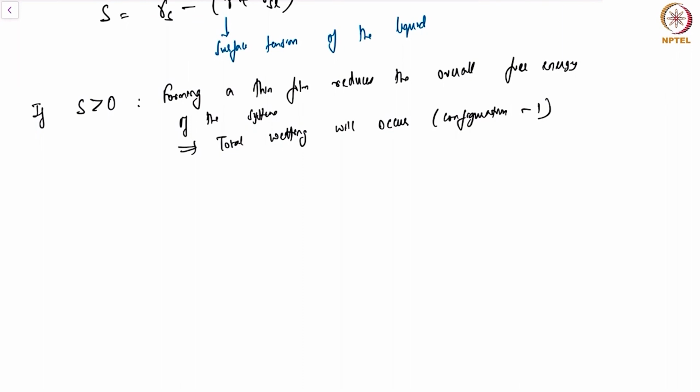And if S is less than 0, then formation of a thin film is not favorable. Therefore, you will have partial wetting. This is configuration 2, right?